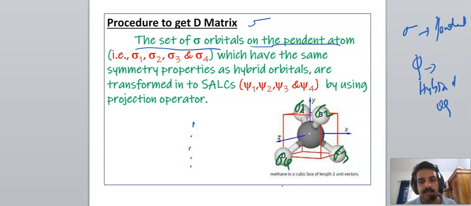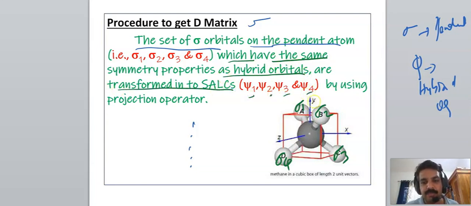We are considering these equivalent orbitals, which have the same symmetry properties as the hybrid orbitals, and transforming them into SALCs psi 1, psi 2, psi 3 and psi 4 by using the projection operator.